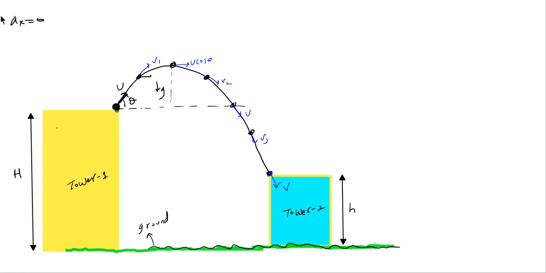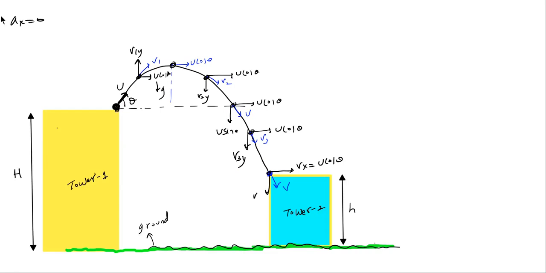Therefore, the horizontal component remains the same. The vertical component will keep on changing. Here, the horizontal component is u cos theta and the vertical is u sin theta. If the distance between the towers is given, we can take help of that.